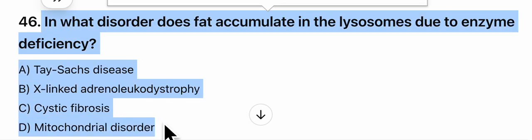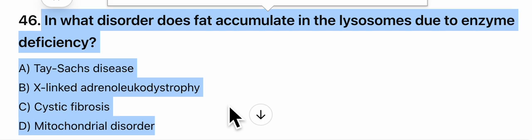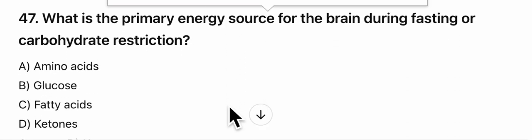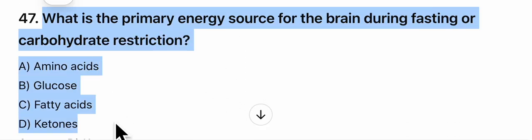In what disorder does fat accumulate in the lysosomes due to enzyme deficiency? A. Tay-Sachs disease. B. X-linked adrenoleukodystrophy. C. Cystic fibrosis. D. Mitochondrial disorder. What is the primary energy source for the brain during fasting or carbohydrate restriction? A. Amino acids. B. Glucose. C. Fatty acids. D. Ketones.